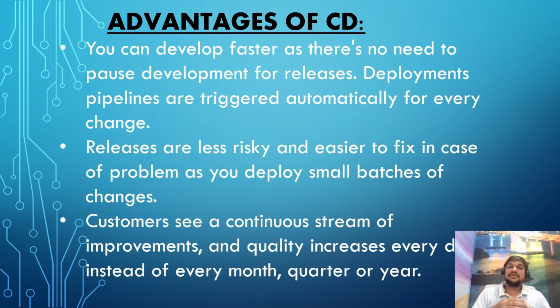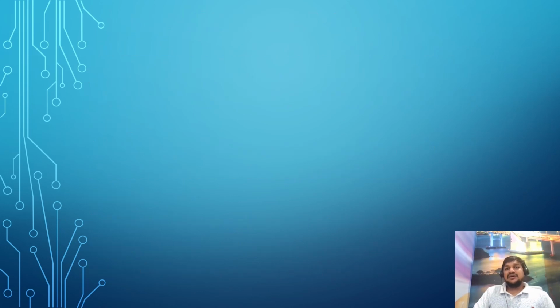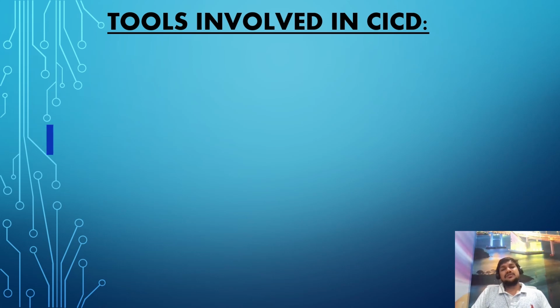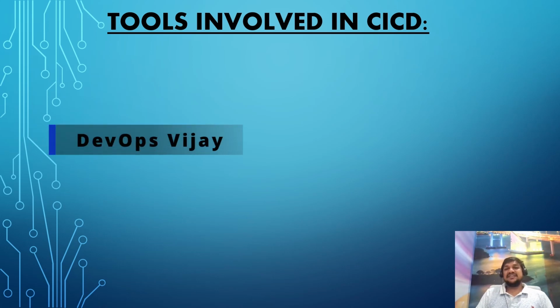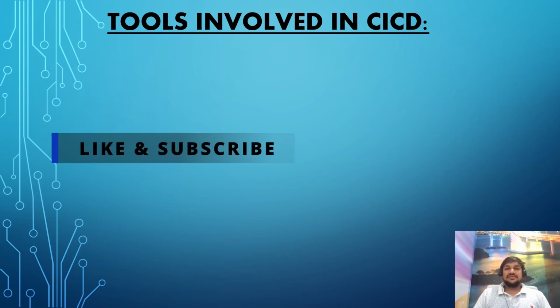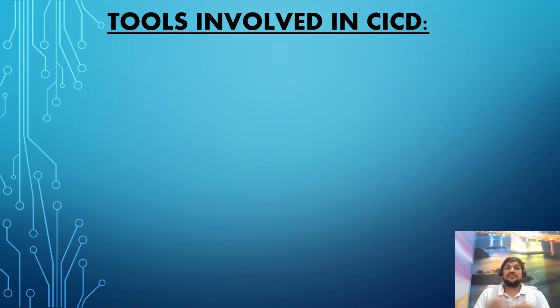When you have built code as a release cycle and it is going all the way to production, that is called continuous deployment. Okay, so continuous delivery and continuous deployment include so many tools. This CI/CD is not a tool, actually it is a process where we decide how our code will move and how fast we'll move.